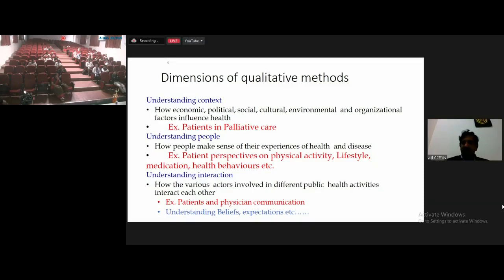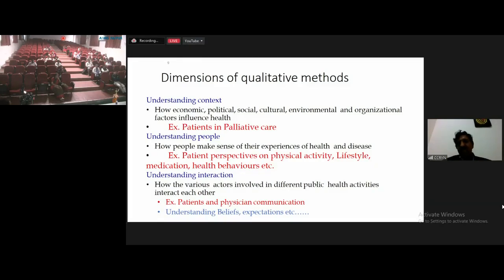There are other people who don't want to bother about diabetes, carry on with their health behaviors, they smoke, they drink, they eat more food, they do binge eating, everything. They don't bother about it. So patient perspective changes as we go from one to the other. At different extremes, one will be overtly conscious about it and try to follow things religiously as the doctor says. Some people don't care about it at all.